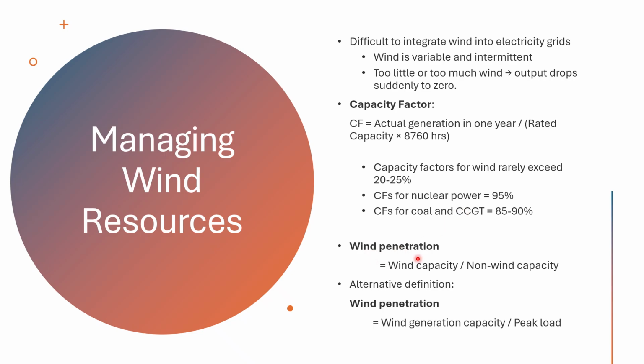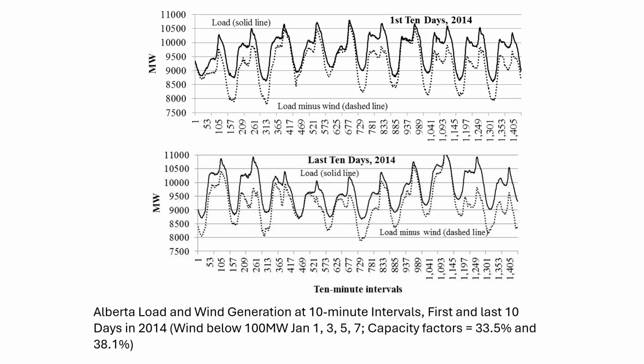We could talk about wind penetration and measure it as the wind capacity divided by non-wind capacity, which is not the greatest measure. A better measure of wind penetration would be wind generation capacity divided by peak load. Now, if we look at wind in more detail, I've got some data here from the Alberta load and wind generation at 10-minute intervals, looking at the first and the last 10 days in 2014.